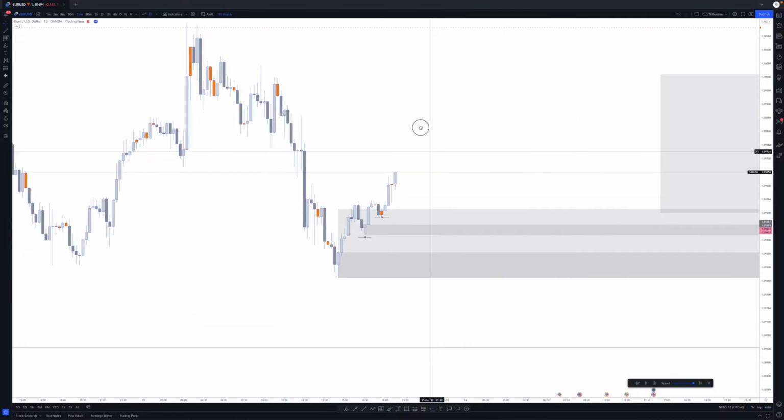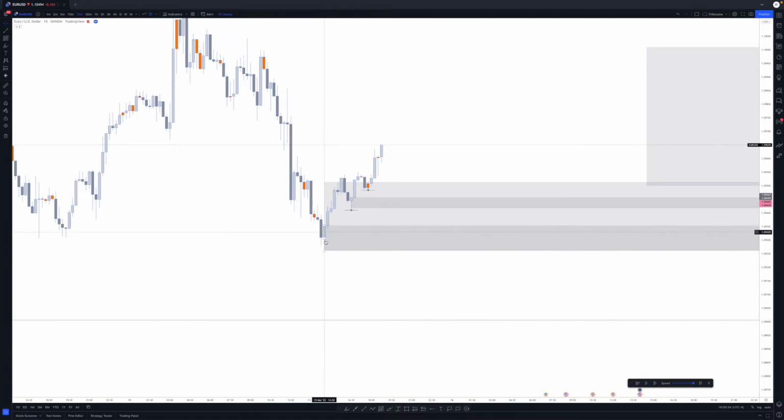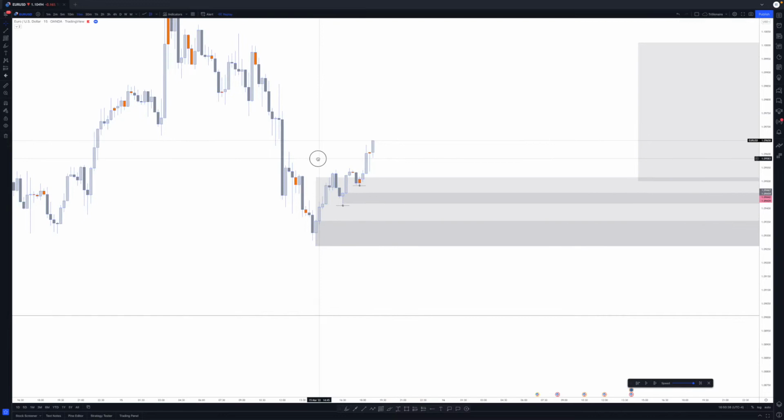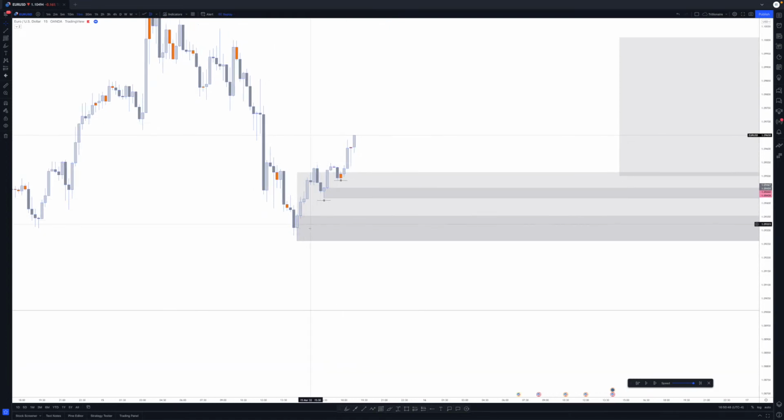So within these areas here, we can see that one of my refinements was this candle right here, using the rules within the institutional trading course, and another one of my refinements is using this candle right here. Both of these are demand points of interest, and we can see that we have inducement for this apex here, that inducement being this region here, and we also have inducement for this point of interest here with this area right here.